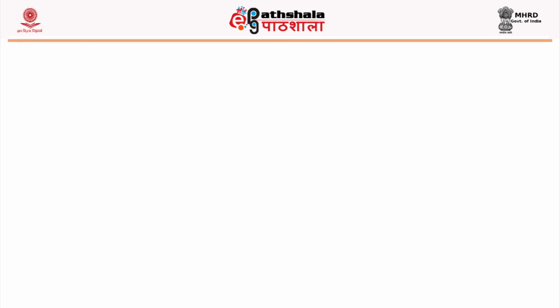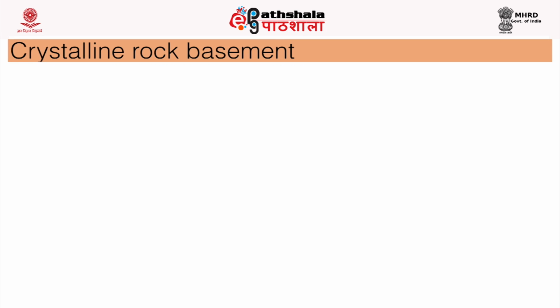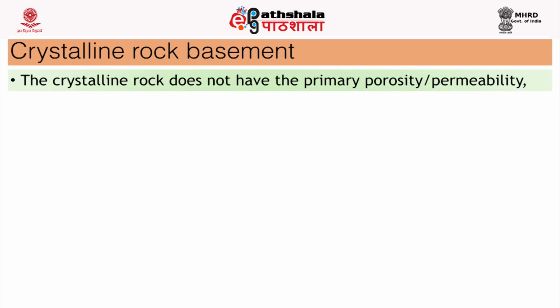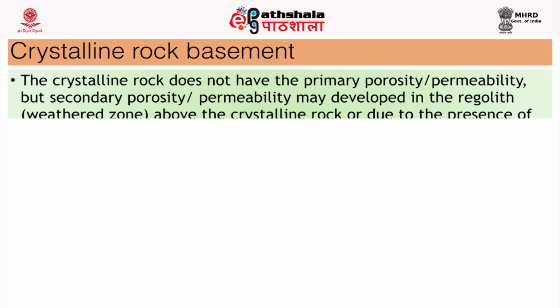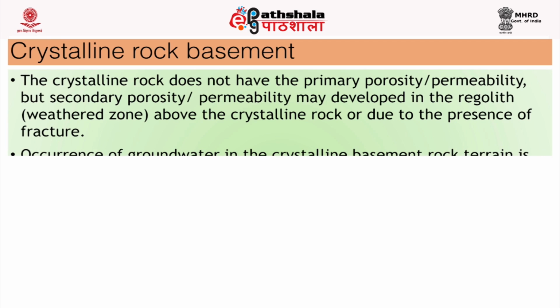Okay. So, the crystalline rock does not have primary porosity or permeability, but secondary porosity or permeability may develop in the regolith, that is the weathered zone lying above the crystalline rock, or due to the presence of fractures. Occurrence of groundwater in the crystalline basement rock terrain is controlled by properties of the weathered zone and fracture zone.